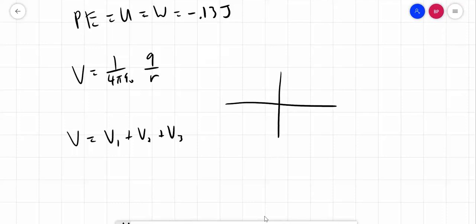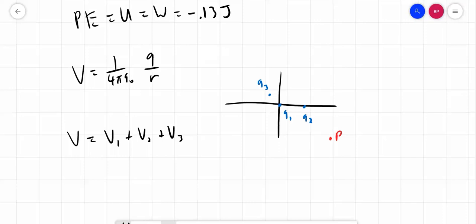So if we redraw our system here, this was our Q1, this was our Q2, this was our Q3, and we want to know the voltage somewhere out here. So this is our point P. So we just find the voltage from each one.